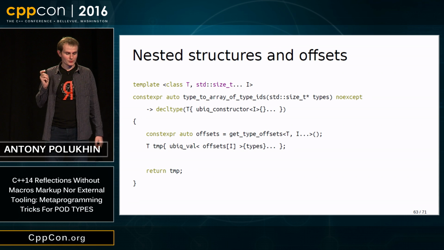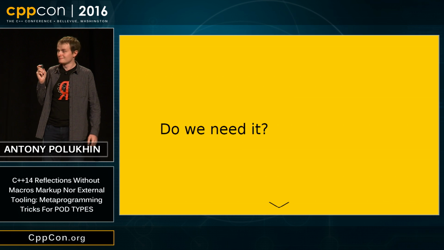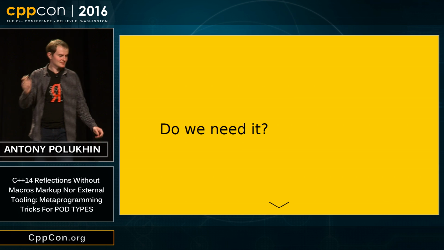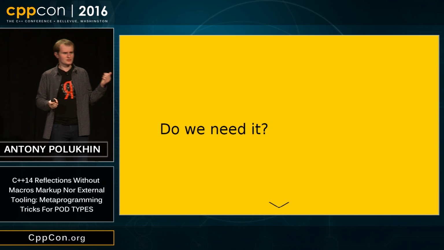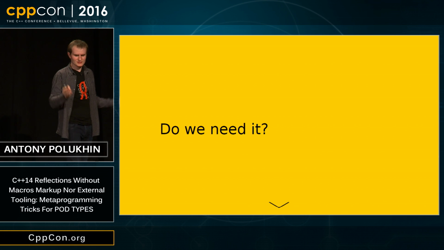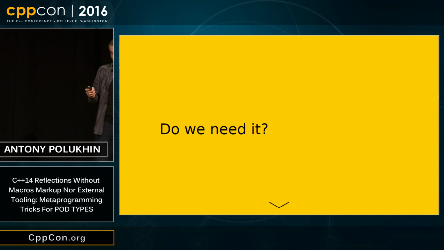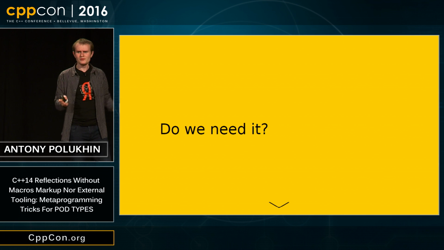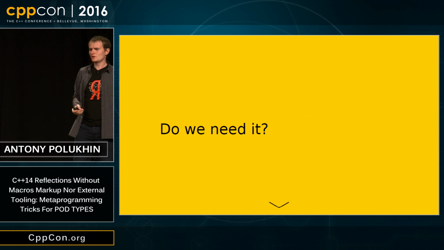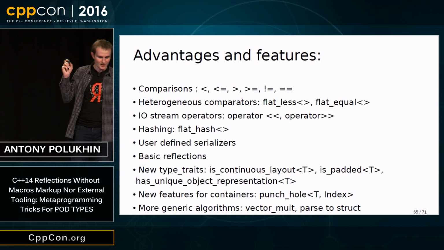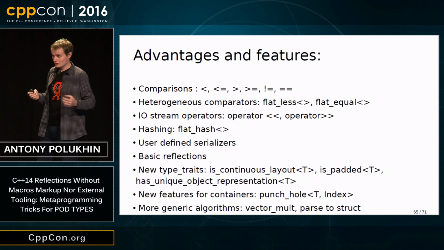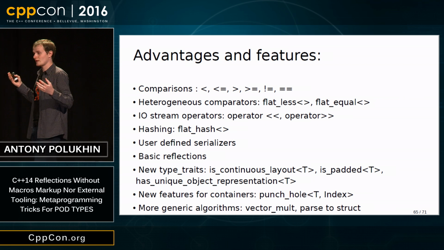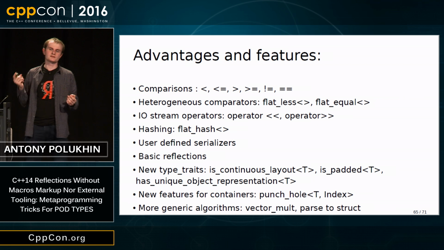Now, at this point, you're probably wondering, do we really need all those overcomplicated metaprogramming tricks? They're just insane. There's a reinterpret cast in there. Do we really need it? Where can we use it? Here's the answer. The first place where you can use it, you can write comparison operators only once.